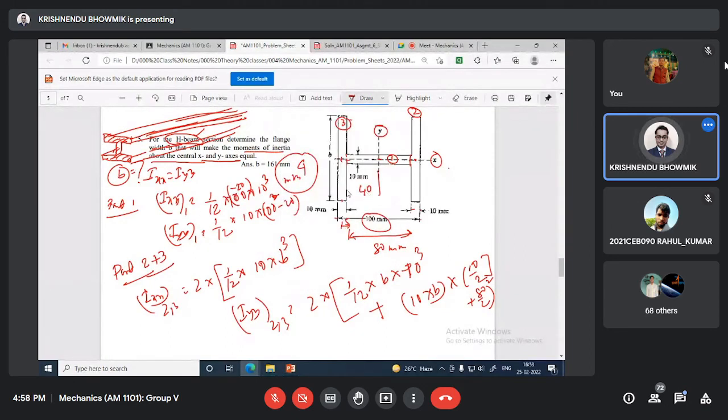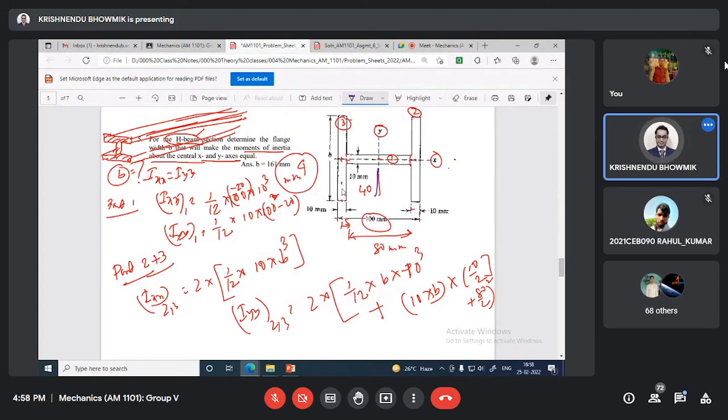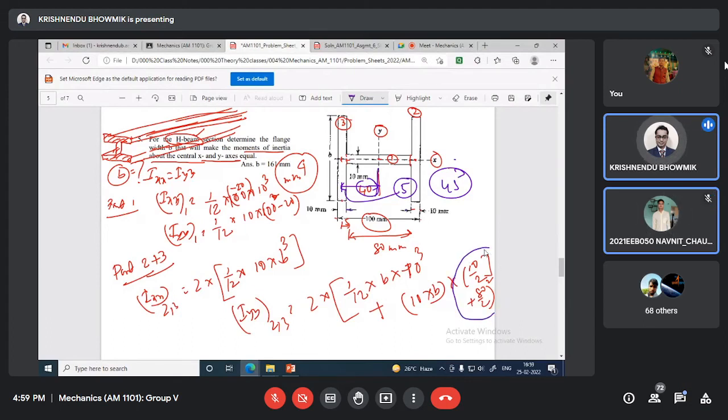This to this distance, how much? This one is 5 and this is 40, 45, is it not? So we can write it in this way: 10 by 2 plus 80 by 2, whole square.